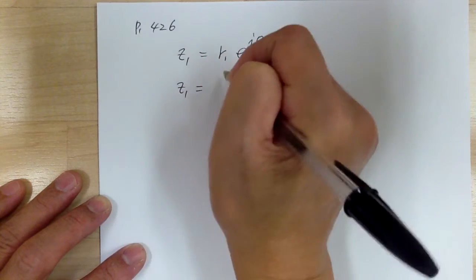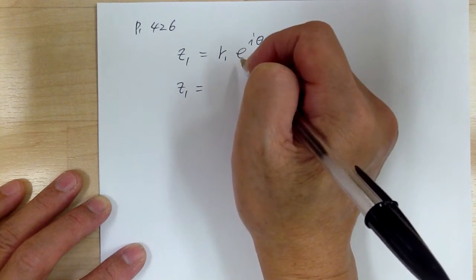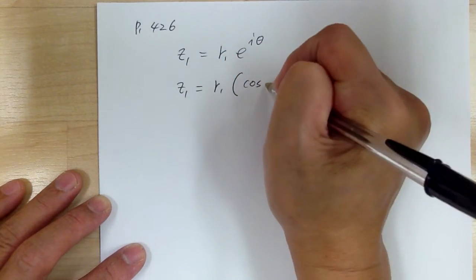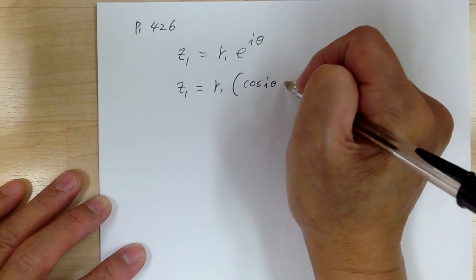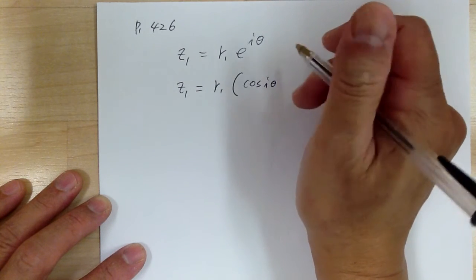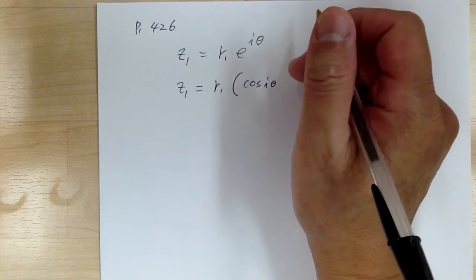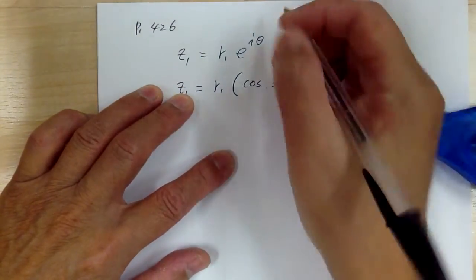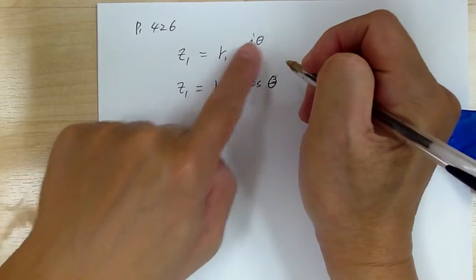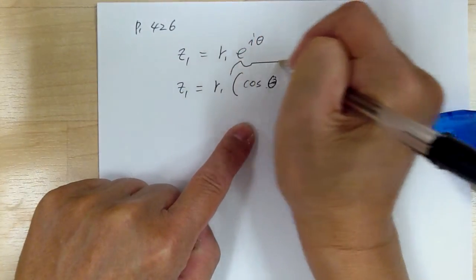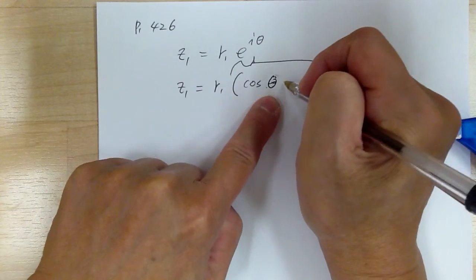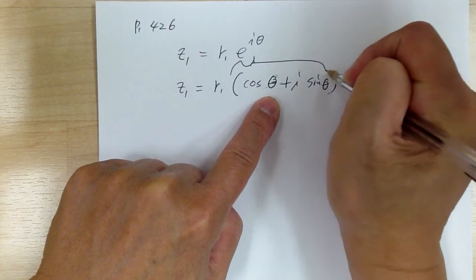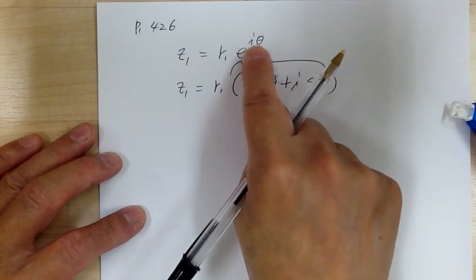Another way of writing this, you're going to see this quite often, is R1 times cosine theta plus I sine theta. Okay, so another way of writing this is this.